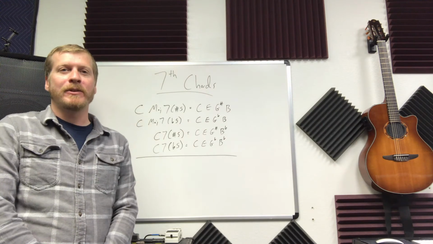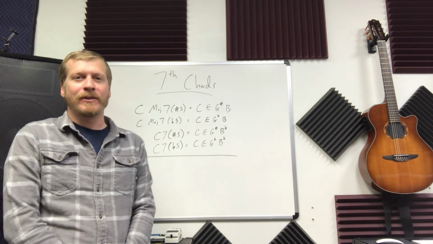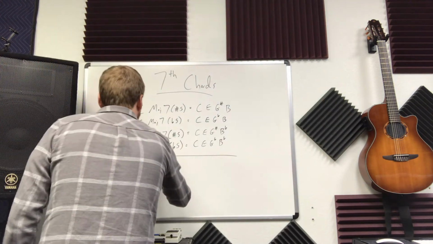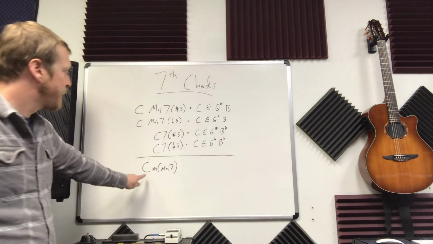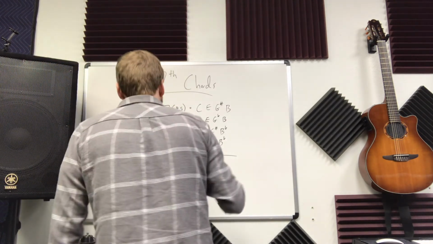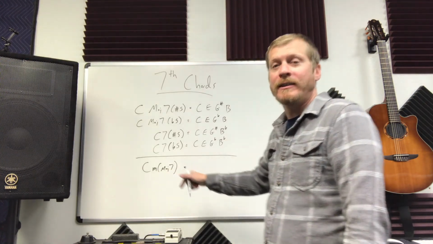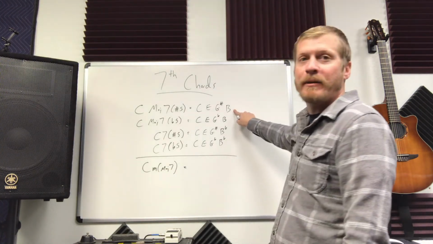Now, another type of 7th chord that is used when we use the melodic minor scale is known as the minor major 7th chord. That would be written like this, C minor major 7. So what that means is we have a C minor triad with a major 7th at the end. The major 7 is a B, just a B natural.